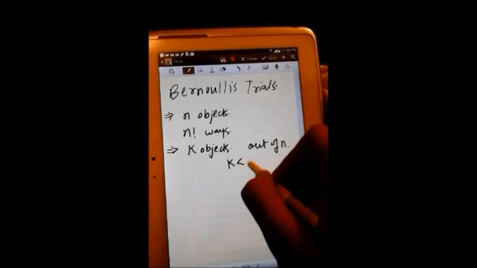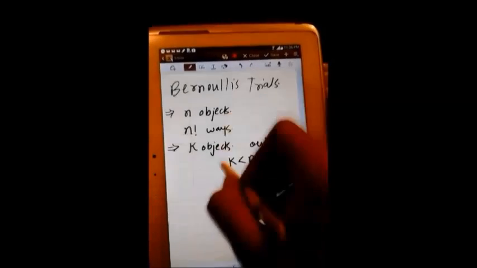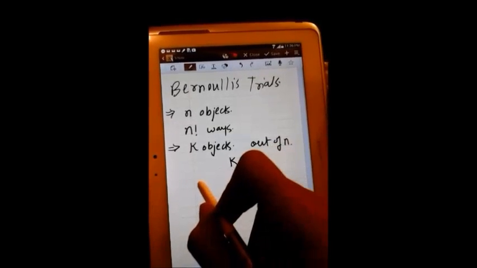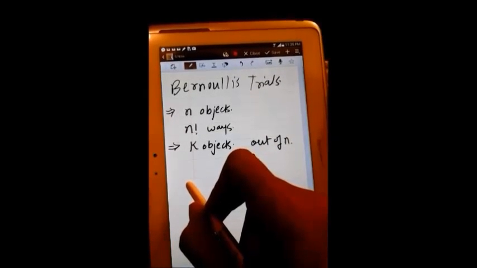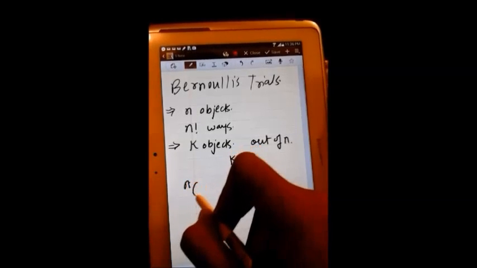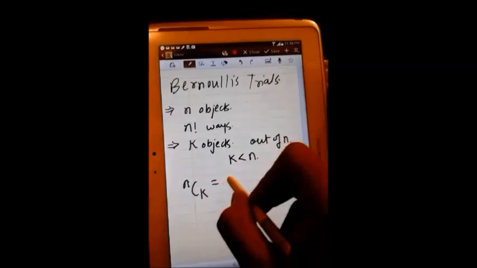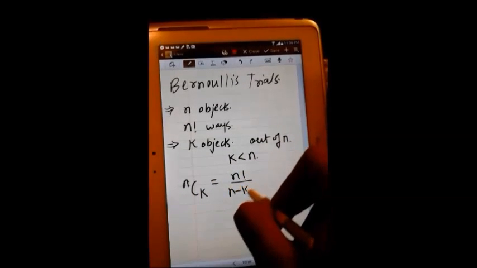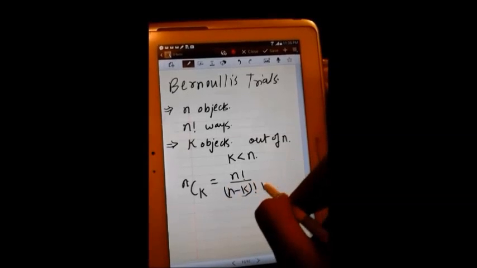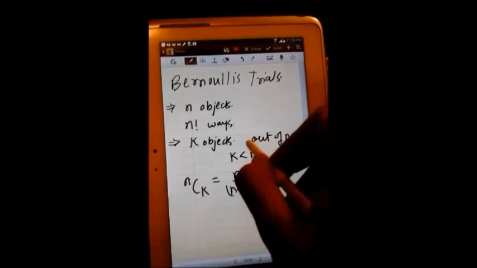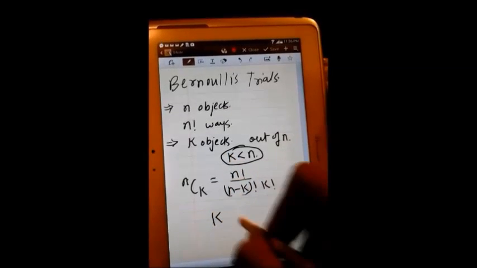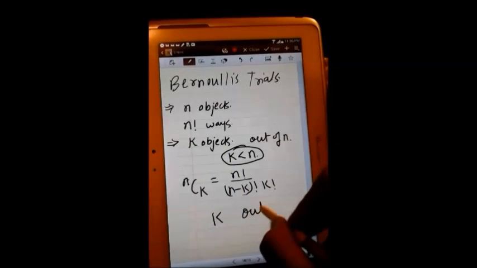K is smaller than n. These k objects can be selected from the n objects, and this is given by n combination of k, which is equal to n factorial upon n minus k factorial into k factorial. That is, we have selected k objects out of n.